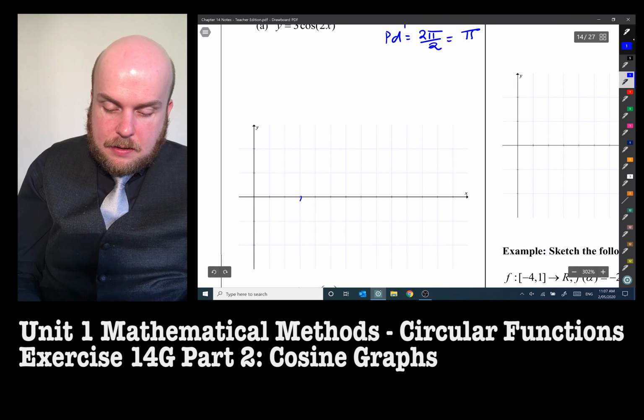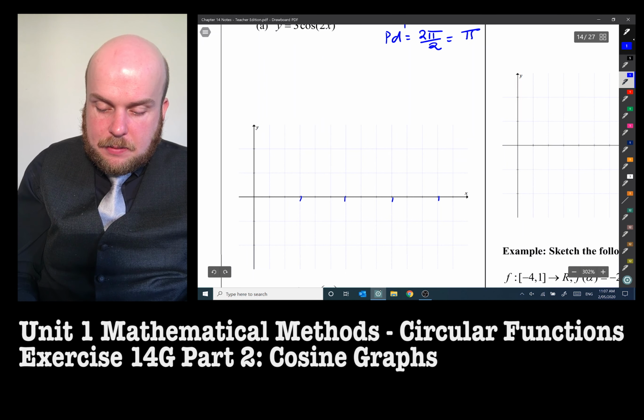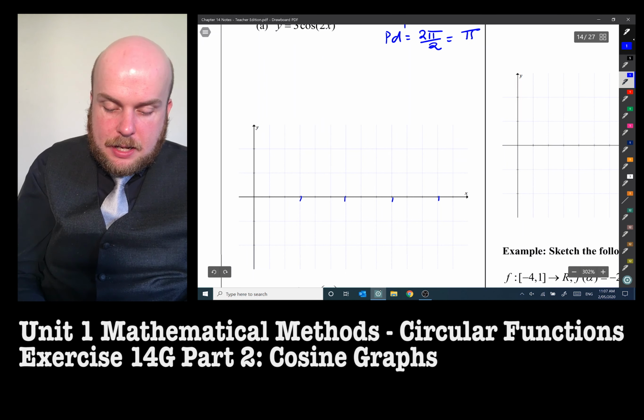So, because we have to just draw one cycle, pi, pi on 2, pi on 4, 3 pi on 4. And the amplitude is 3, negative 3. So it starts up here, then goes down, goes here, goes there, and goes back up here. So here is our cos graph.